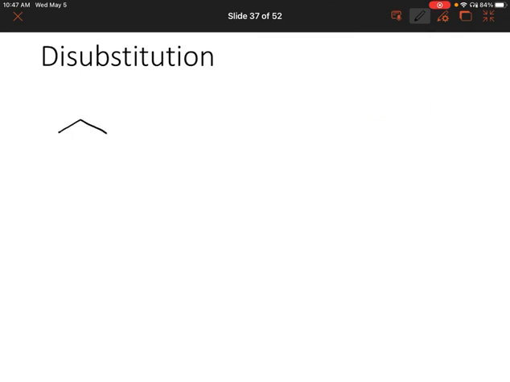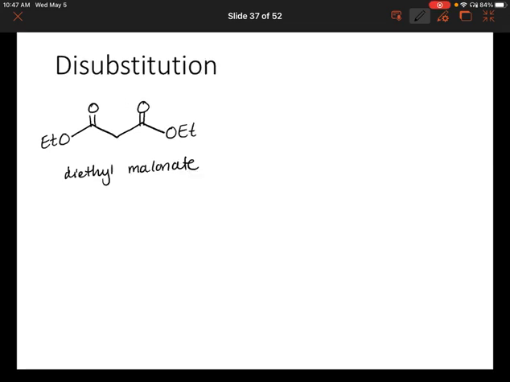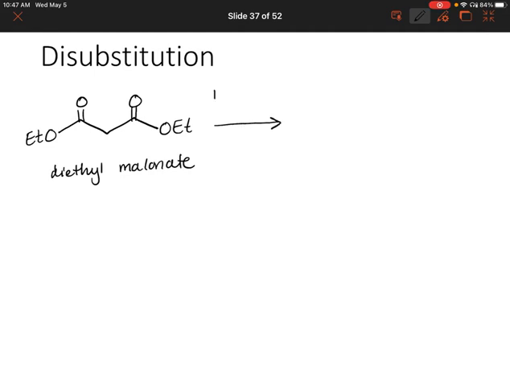We're going to again start with our diethyl malonate. And we're going to first add that alkoxide base to deprotonate. Then we're going to add the alkyl halide so that we add a particular R group to our diethyl malonate.